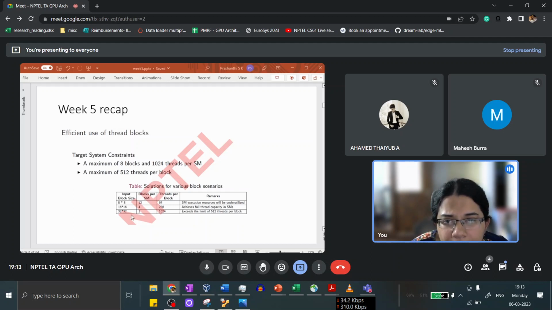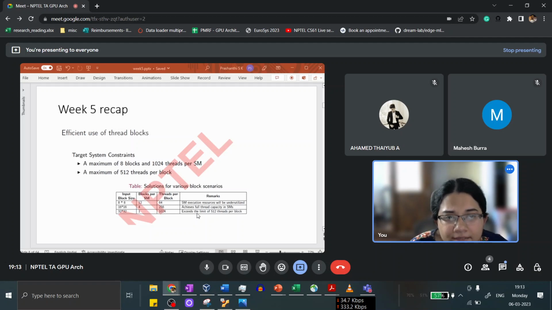Now in the third configuration, you have 32 cross 32, which comes out to be 1024 threads per block, and just 1 block per SM. But this exceeds the threads per block limit. So see how these different limits come into play: the blocks per SM, the threads per block, threads per SM.